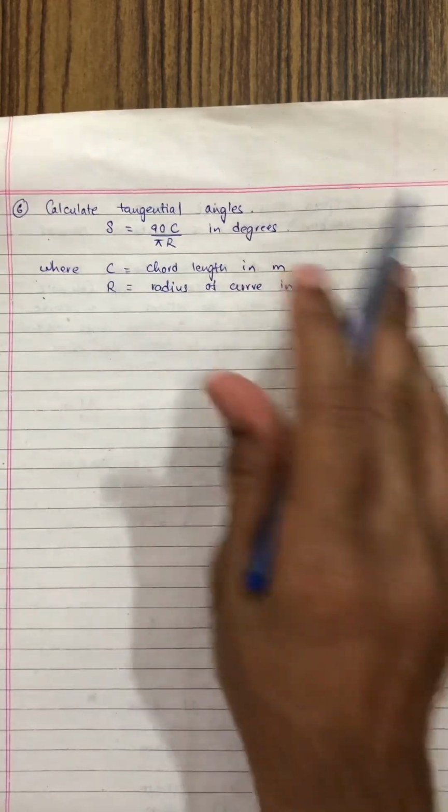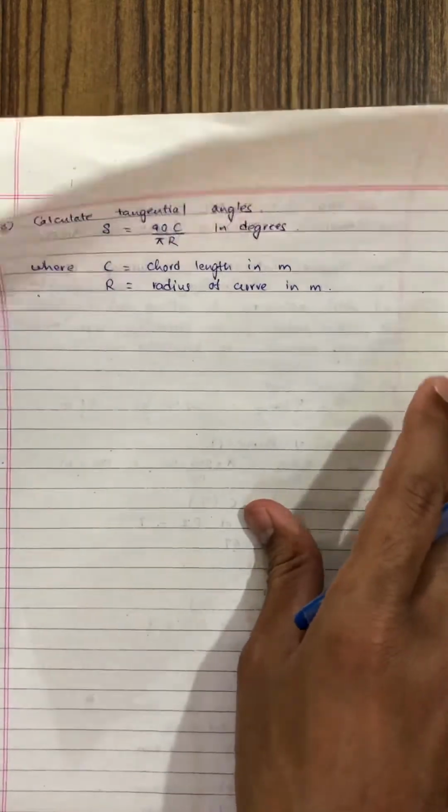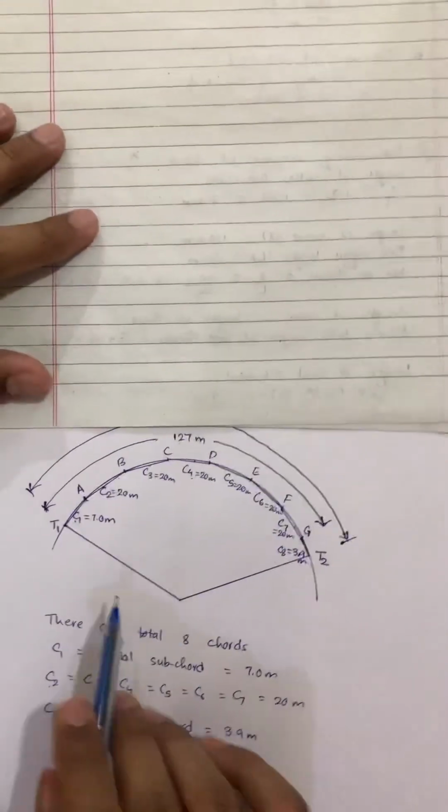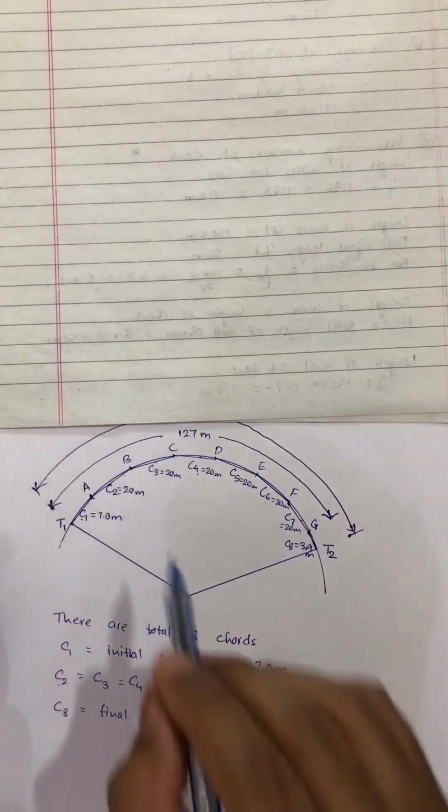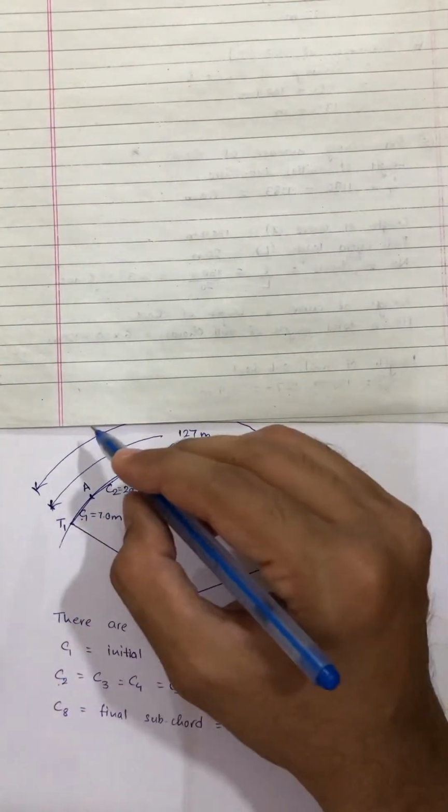So we know the chord length for each chord we have derived over here. Each chord will have different tangential angles.